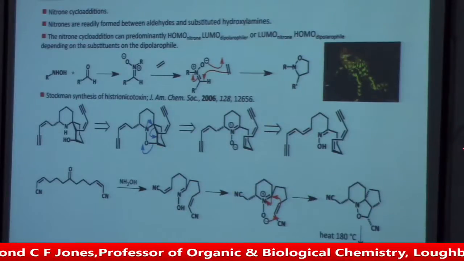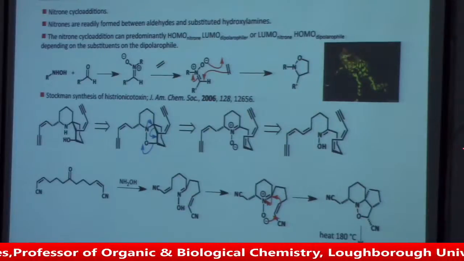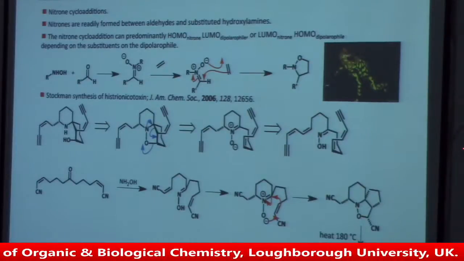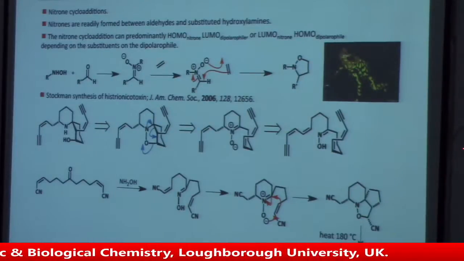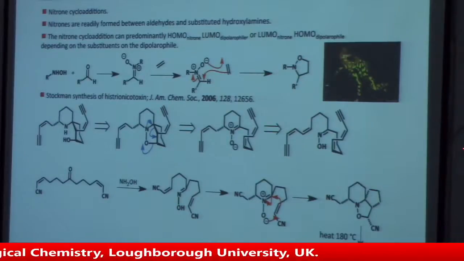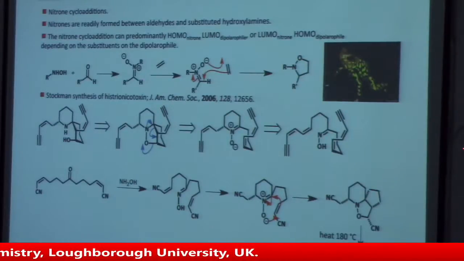Okay, so that's an example of using nitrones, and another example also of kinetic versus thermodynamic product control of reaction.